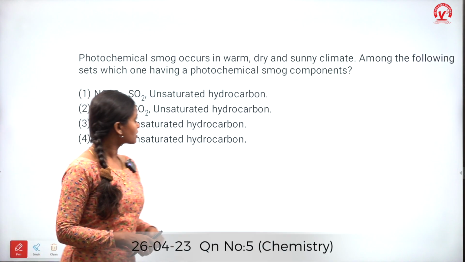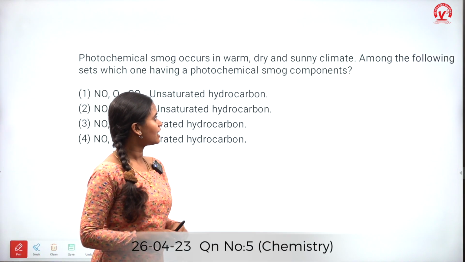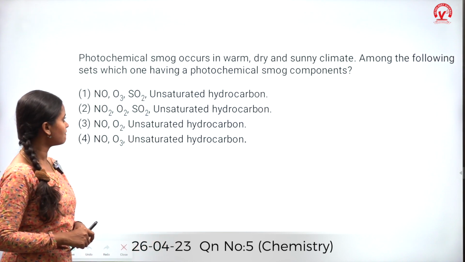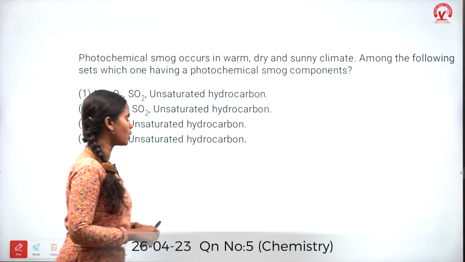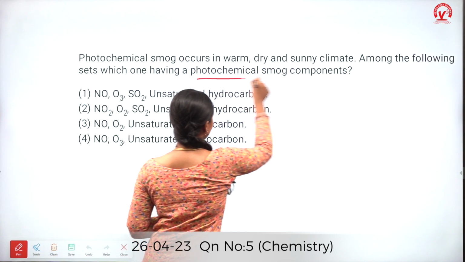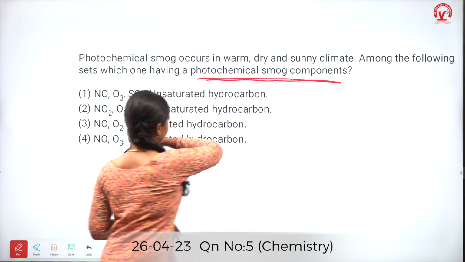Photochemical smog occurs in warm, dry and sunny climate. Among the following sets, which one has photochemical smog components? First, we have to know what all the photochemical components are.